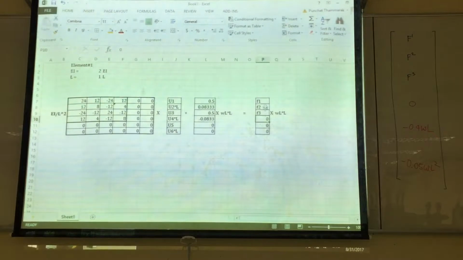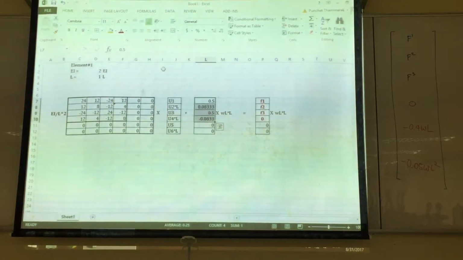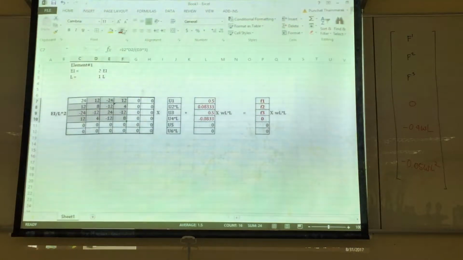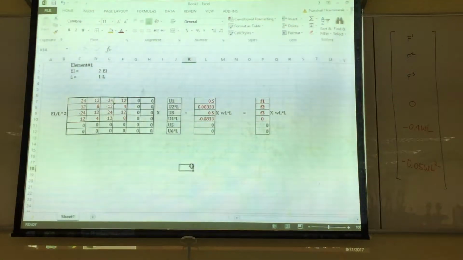Okay, this is known from the first element. Okay, right, done for the first element.